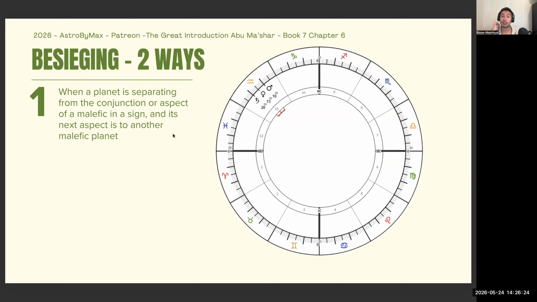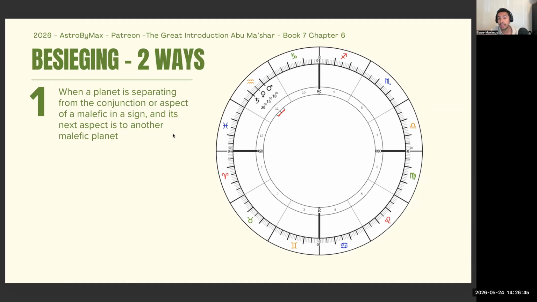And then we have one of our other conditions here, which is known as besieging, which happens in two ways. The first way is by conjunction or aspect of a malefic in a sign, and its next aspect is to another malefic planet. So in this case, we can see that Venus is in the sign of Aquarius, and it's going from Mars to Saturn.